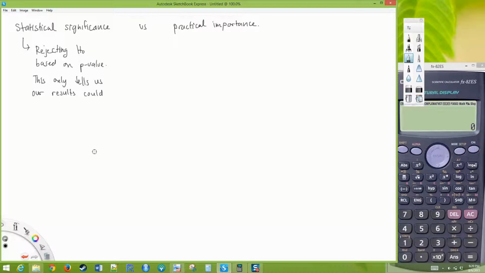So rejecting the null based on the p-value, this only tells us our results could not have happened by random chance alone. Okay? The practical importance generally depends on whether you're in the field or not.